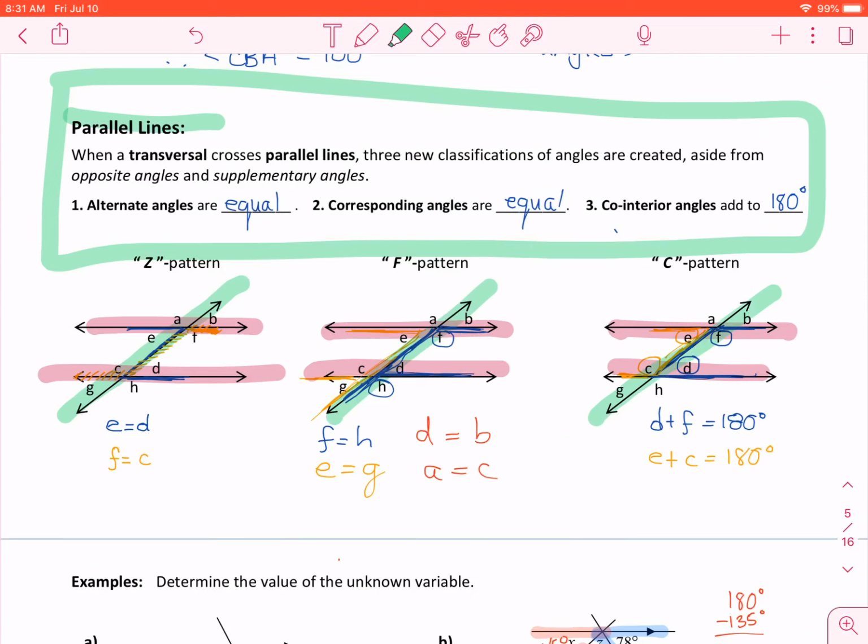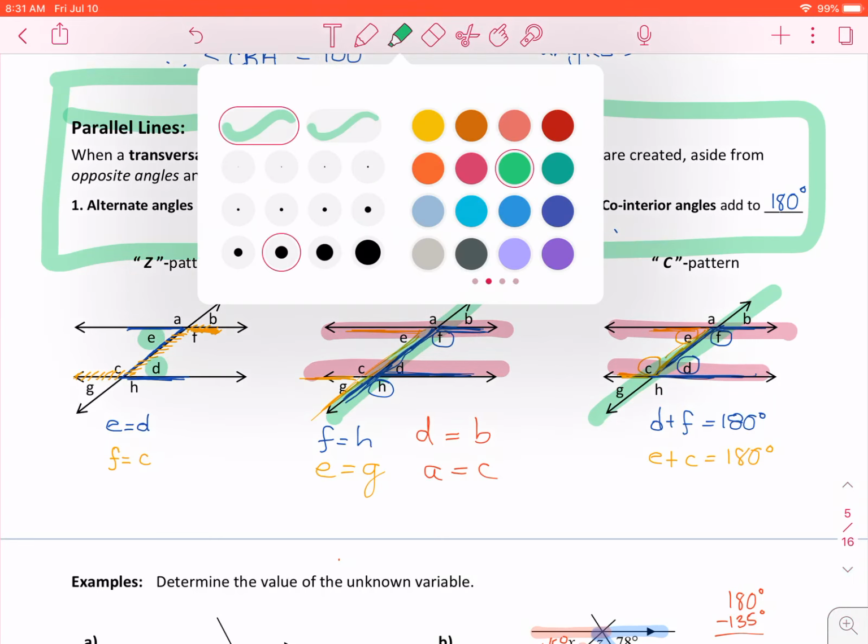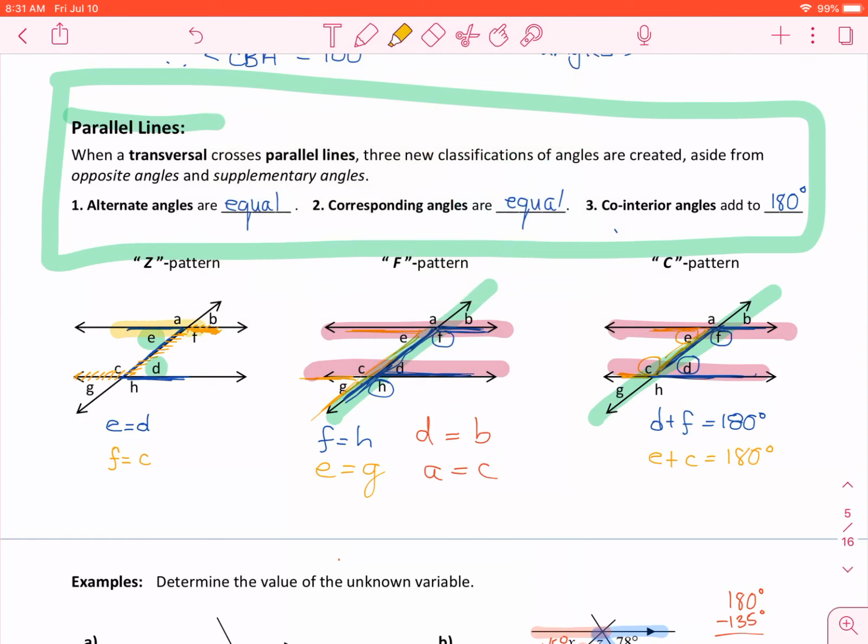There is our Z pattern, which is alternate angles. With Z pattern, this means that angle E and angle D are equal because I can create a Z, and what's inside of those angles are actually equal.